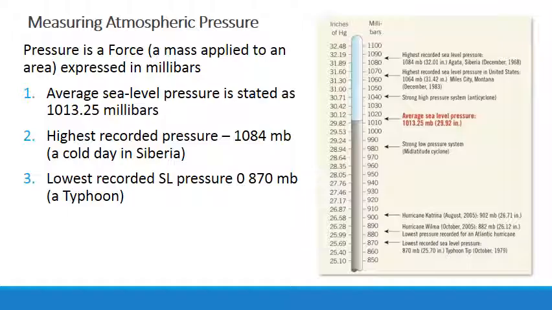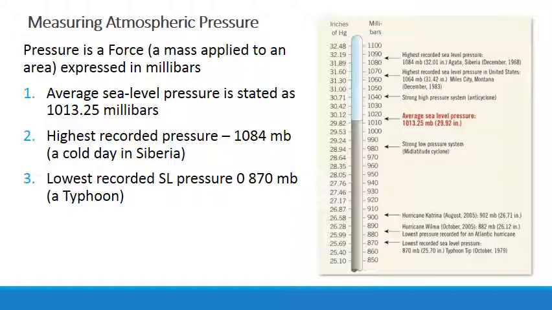To simplify that large number, the National Weather Service adopted the millibar, which equals 100 newtons per square meter. So the average sea level pressure can more easily be stated as 1,013.25 millibars.